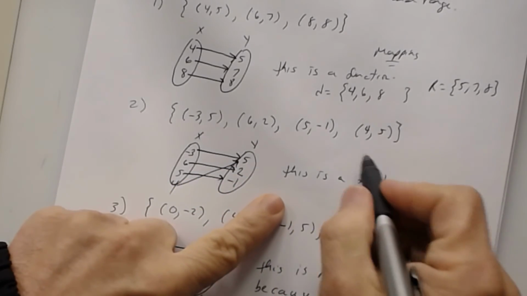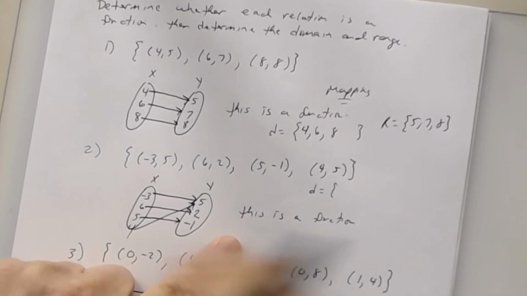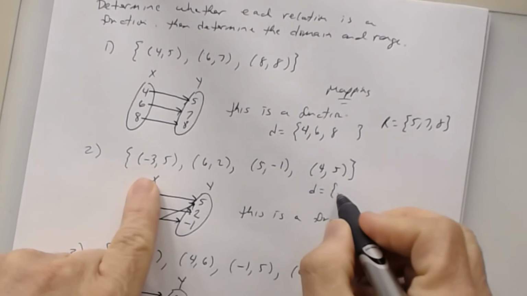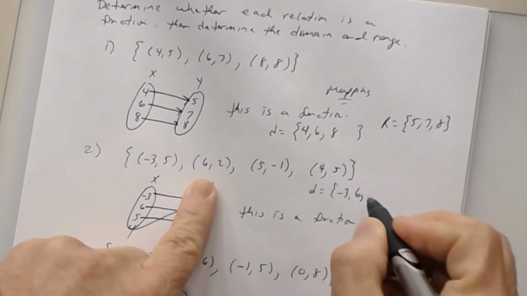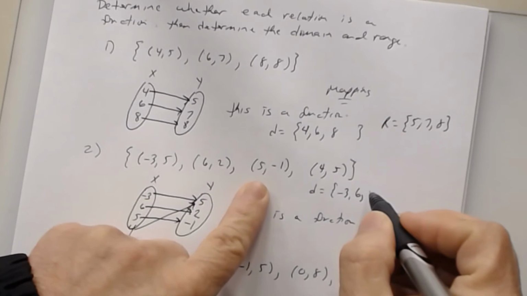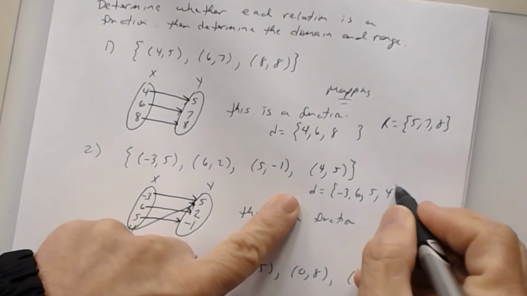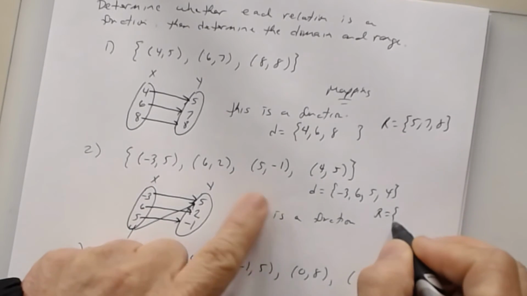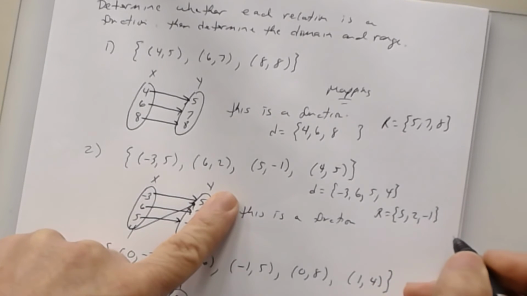Over here, what's the domain? Only list things once. -3, just list them as you go around, across. They don't have to be in order. 6, 5, and 4. What's the range? 5, 2, -1. Only list it once.